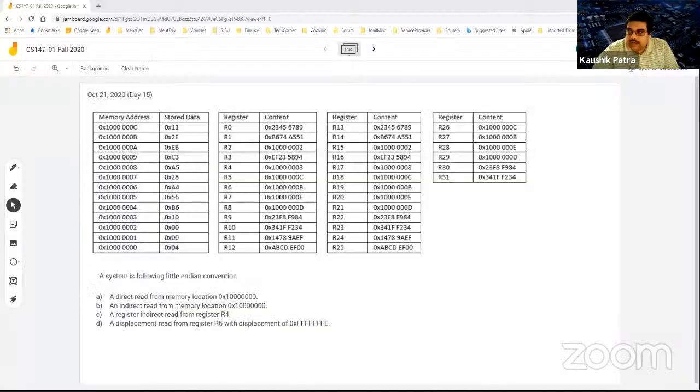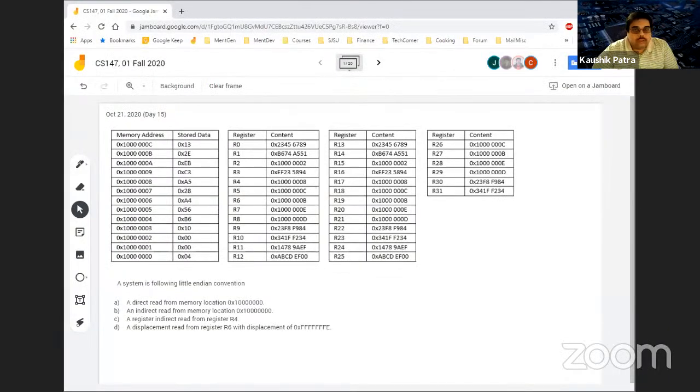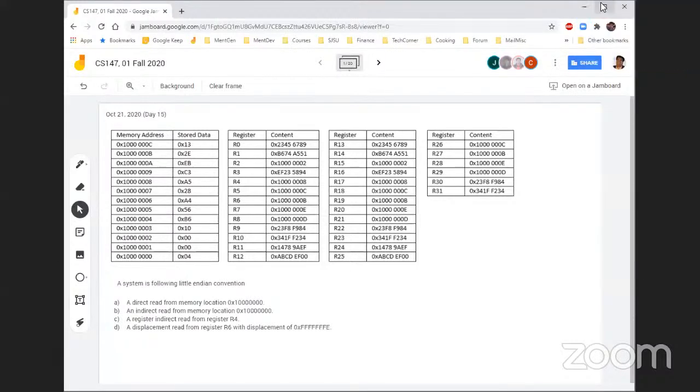All right. So if there is no other question, let me move on to this example of different access modes, a little bit of that. Okay, so here is a problem.